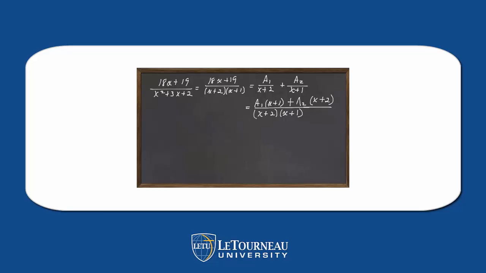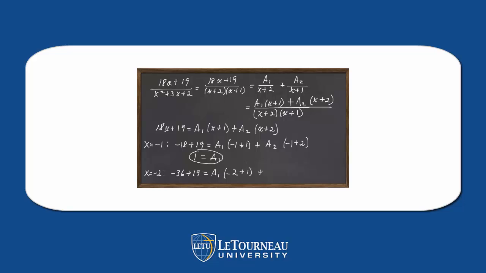Now, our next thing is to take the 18x + 19 and we're going to set it equal to a1(x + 1) + a2(x + 2). Now we could form that into a huge system of equations, but what we're going to do is notice I picked -1. Why? Because when I substitute -1 for x, please notice it's going to zero out the a2.